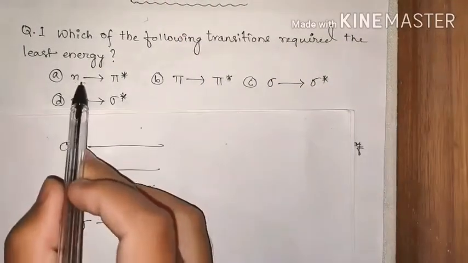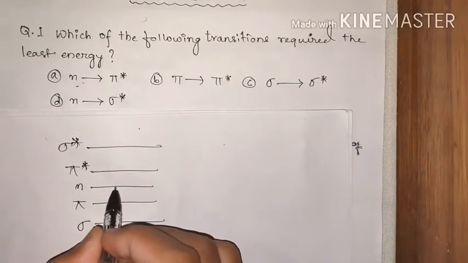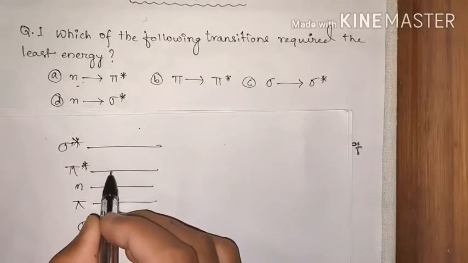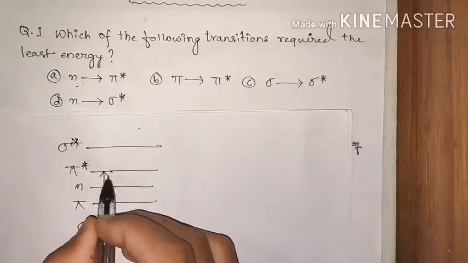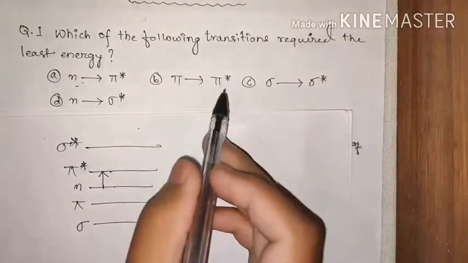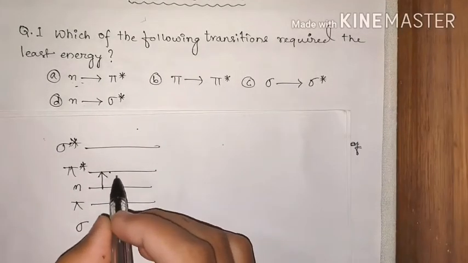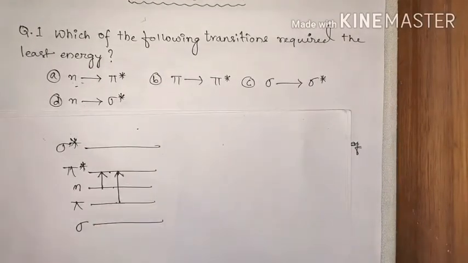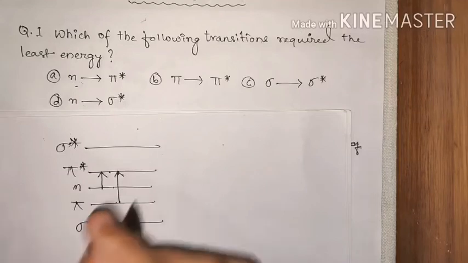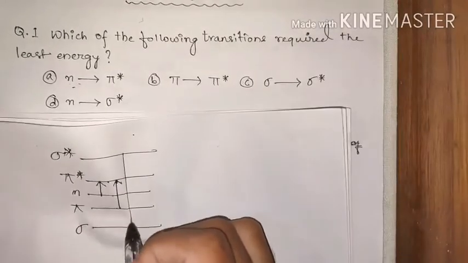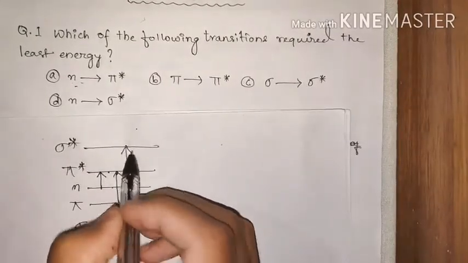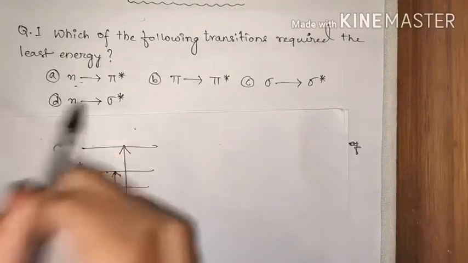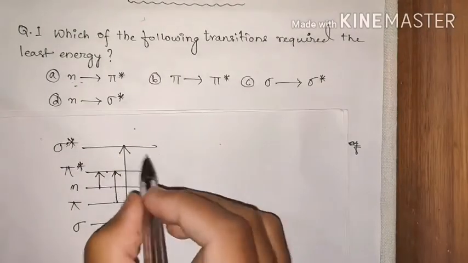If you see n to pi star, that means from this n to this pi star, this transition. And pi to pi star means from this pi to this pi star, this transition. And sigma to sigma star requires a very high amount of energy. And then n to sigma star.